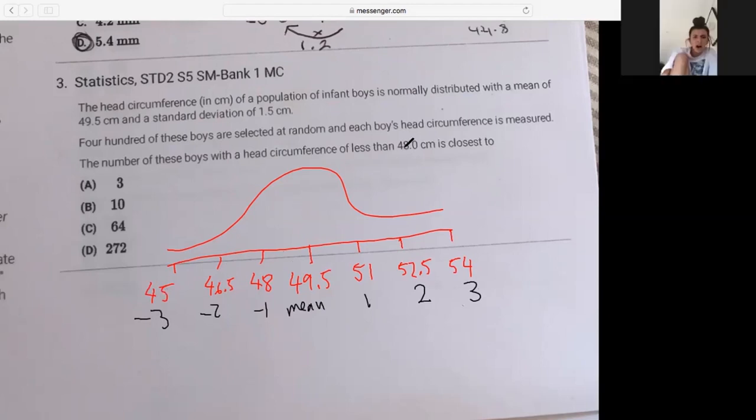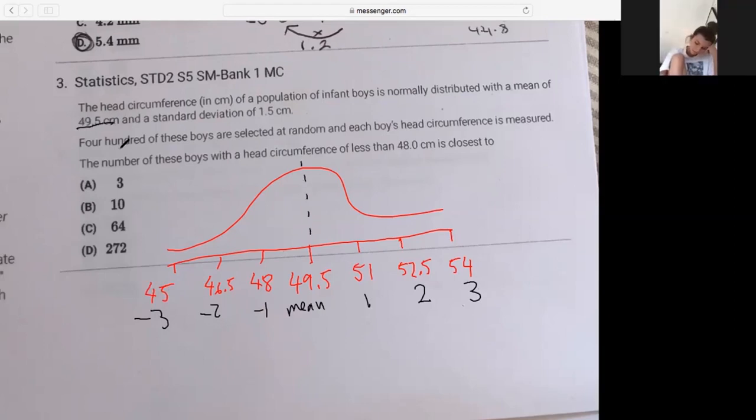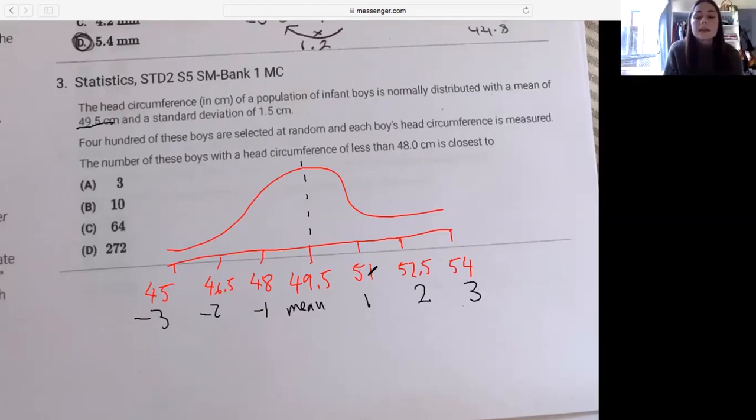No. Okay. So we know the mean goes directly in the middle, and that's a mean of 49.5. And then this 51, which corresponds with the 1, is just one standard deviation above the mean. And if the standard deviation is 1.5, you can just do 49.5 plus 1 standard deviation, which is 49.5 plus 1.5.